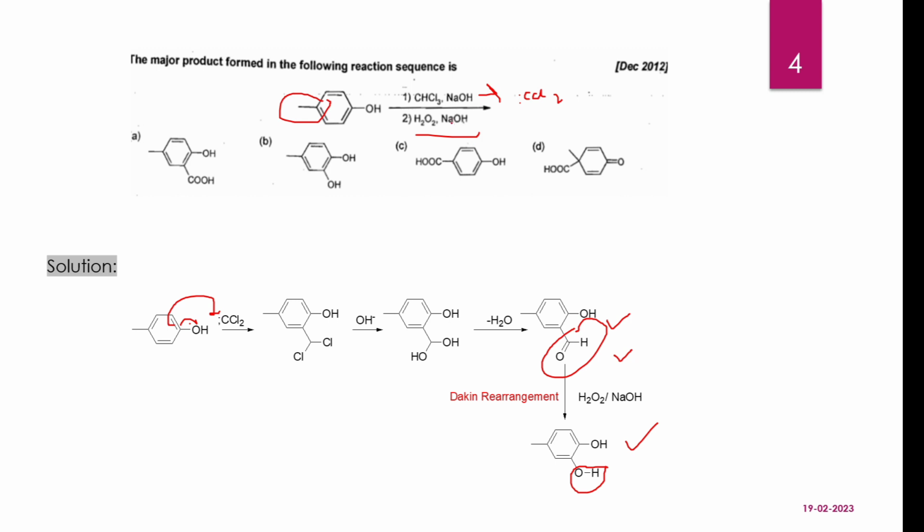And as I have told, this is a Dakin reagent. Through Dakin rearrangement, we will get this one. If anyone wants to know what is Dakin reagent, you can go and check in Google or in some books also. This is a famous reaction. You can check the mechanism of the Dakin reagent. It's through a large transition state.